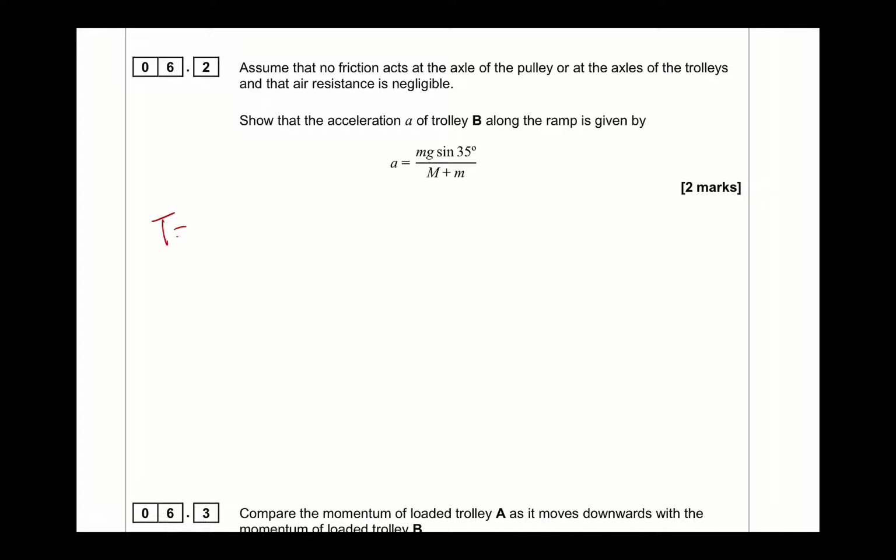So, the tension is going to be equal to mg sine 35.